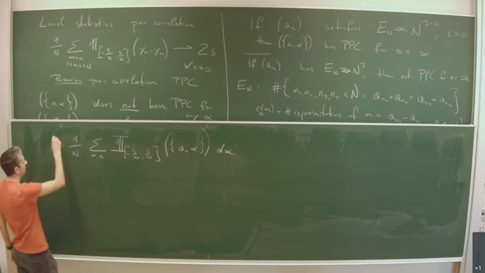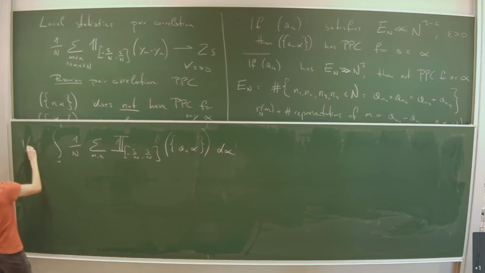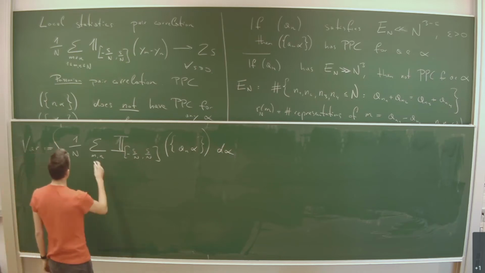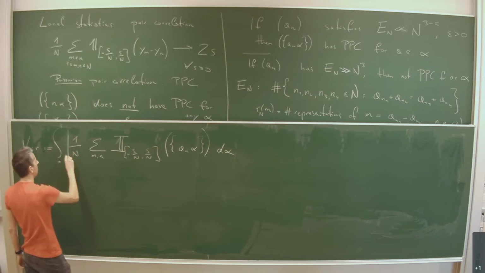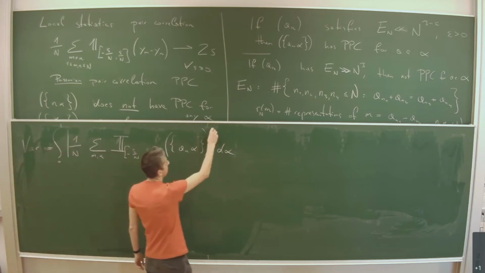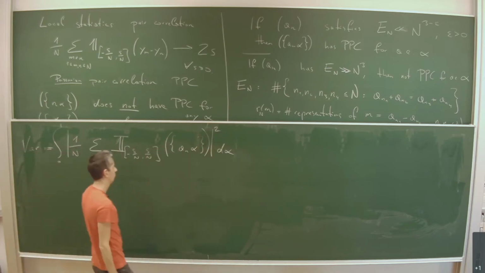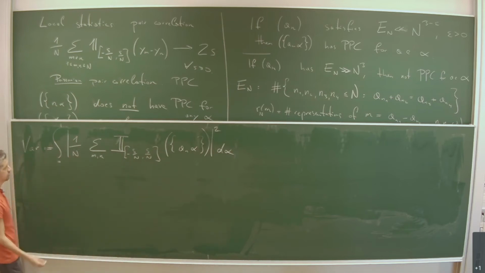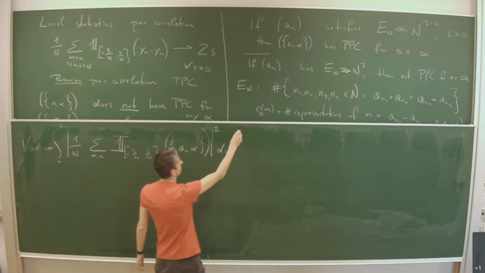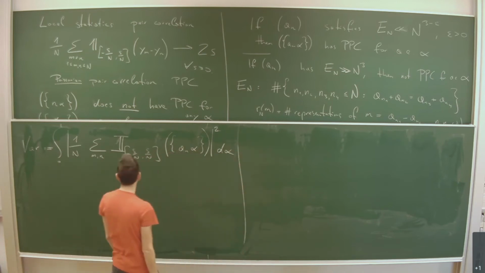And then the variance is the square integral of this. And the key point is to control this variance, to give an upper bound for this, in order to be able to apply Chebyshev's inequality and the Borel-Cantelli lemma.